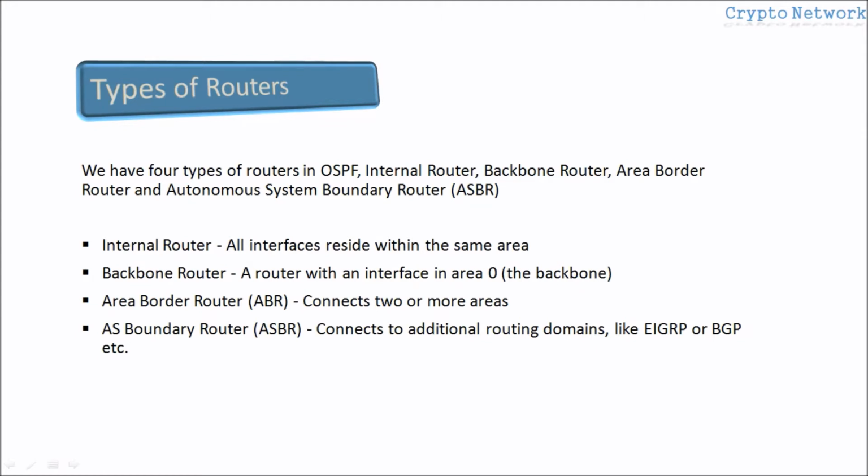We have another flavor, the autonomous system boundary router, that has at least one interface in an OSPF area and at least one interface outside of an OSPF area, meaning redistribution. So one interface is in the OSPF domain and another interface is in another routing domain like BGP or EIGRP, etc.